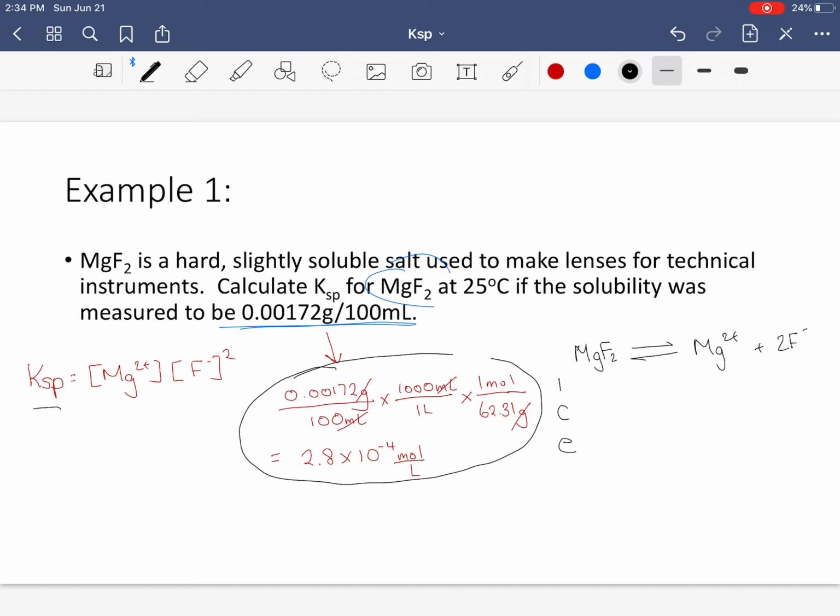So initially, MgF2 dissolves, and it will continue to dissolve up to this point. And they never said anything in this question that it went further than this point. So you're not going to put anything here, because there's really no point.